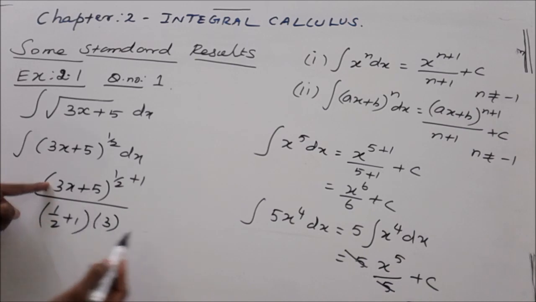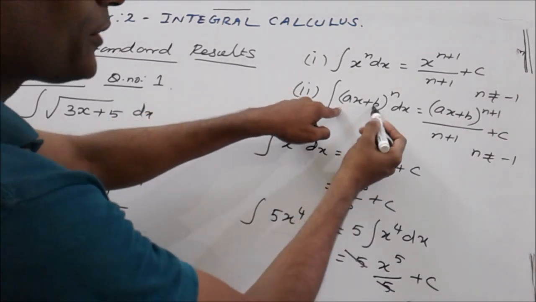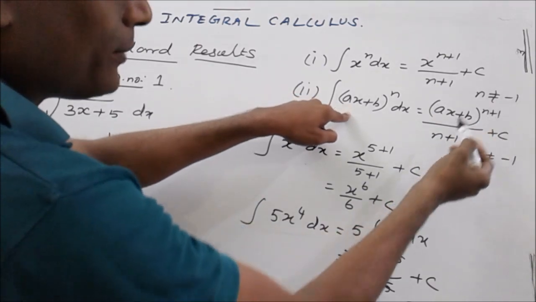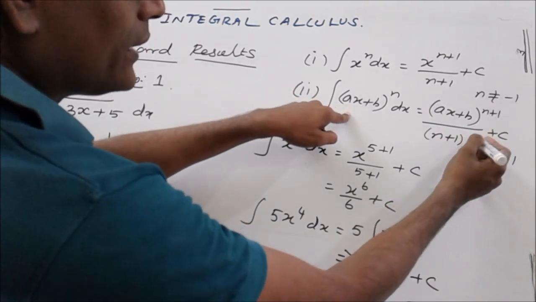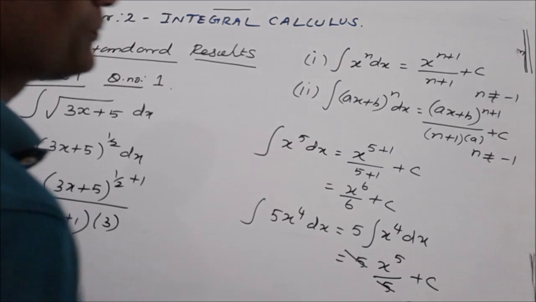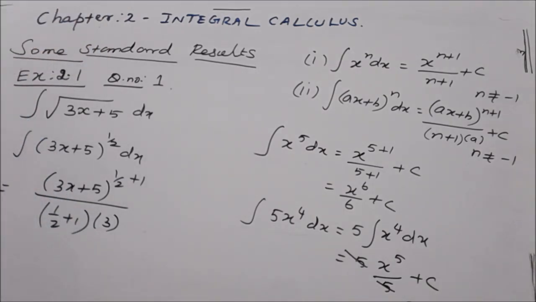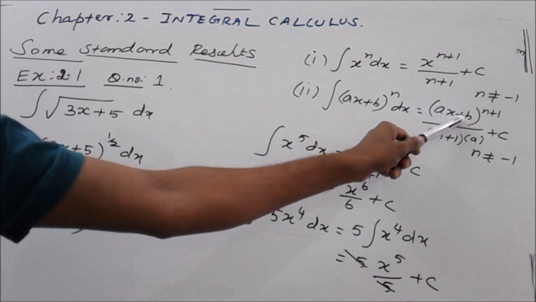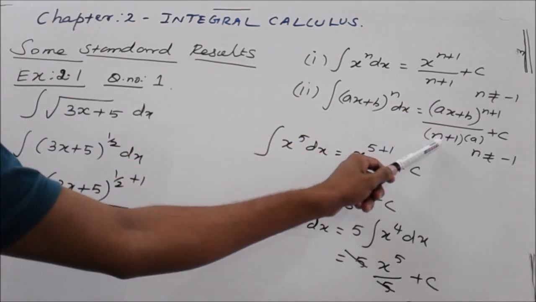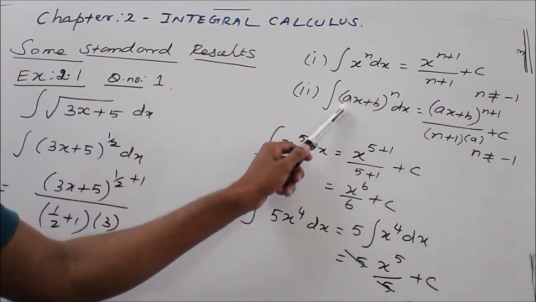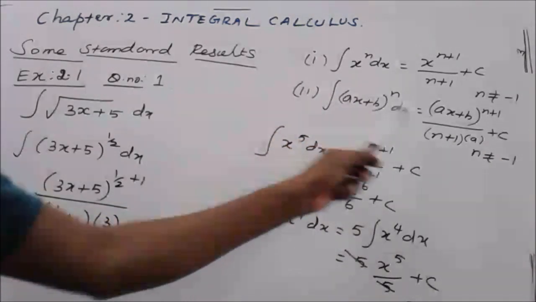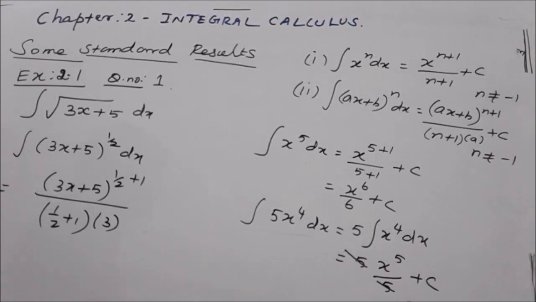So in the formula we have integral ax plus b whole power n dx is equal to ax plus b whole power n plus 1 by n plus 1 into a, plus c. If the coefficient of x is other than 1, you should multiply that constant with the denominator.